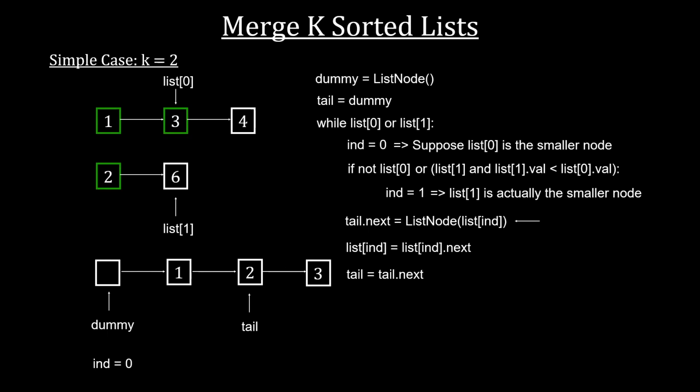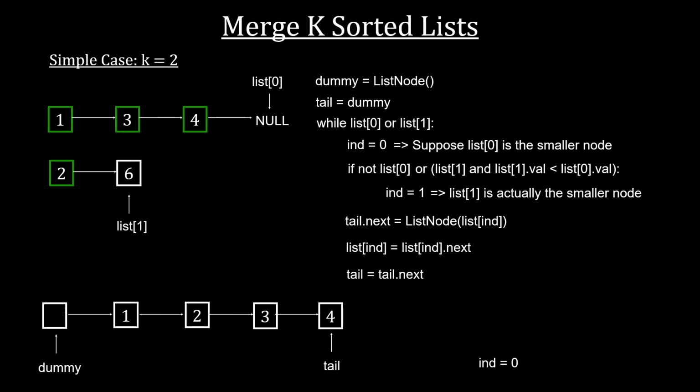We create a new node of value 3, we increment list 0 and we increment tail. And we continue. I will not keep going through the code line by line, but you can imagine what happens here. List 0 is the smallest node, so we will create a new node of value 4. We will link it to tail, then we will increment list 0, and then we will increment tail, and this is what we get.